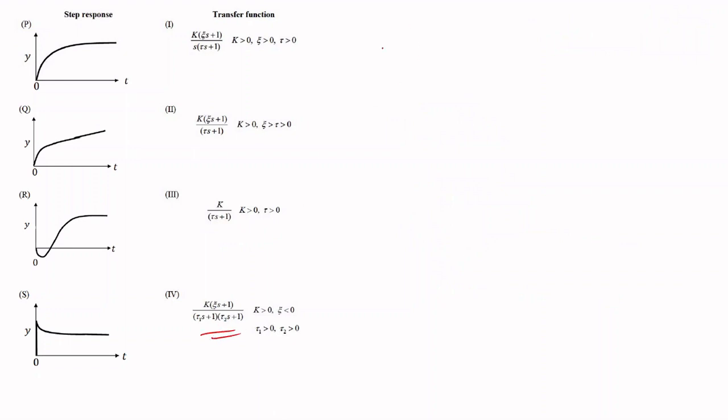So in the fourth option, we have been given the transfer function g of s as k times zeta s plus 1 upon tau 1 s plus 1 upon tau 2 s plus 1. From the transfer function, we can see that we are having two time constants. That implies that there would be two interacting elements in this system, and also this transfer function matches the general transfer function form for an inverse response.